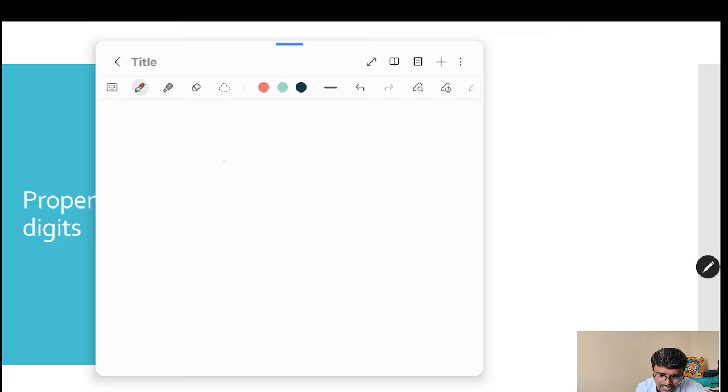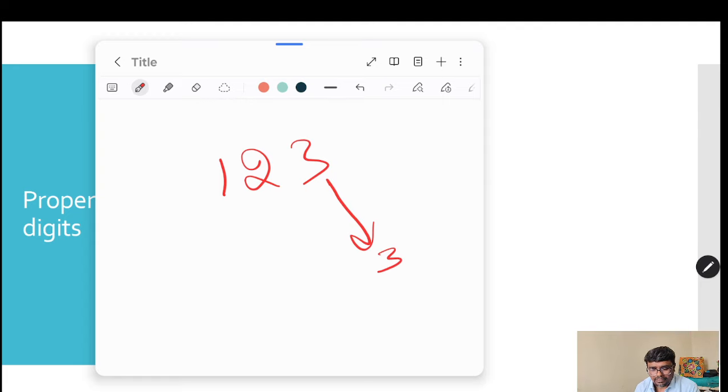See, for example, let us say 123 only. In 123, this 3 has value 3 only, since it is in the ones position. But the 2 is not worth 2 here. Face value is 2, but I am not discussing the face value, which means the exact value. I am talking about the place value. So 2 is in the tens position.